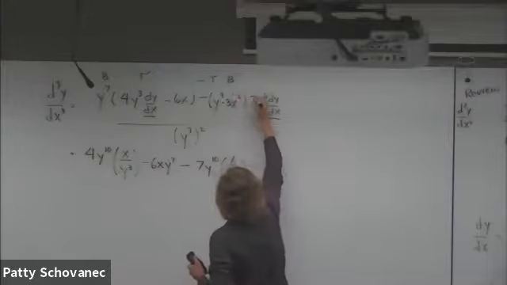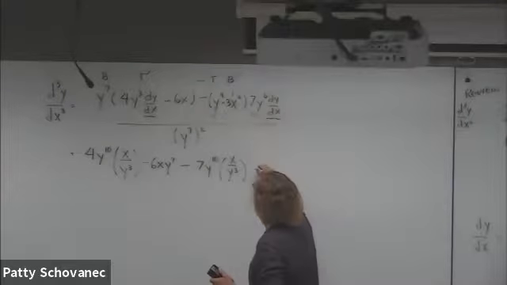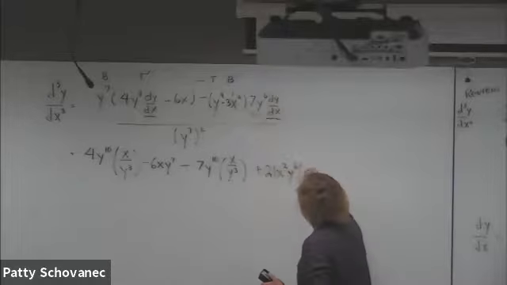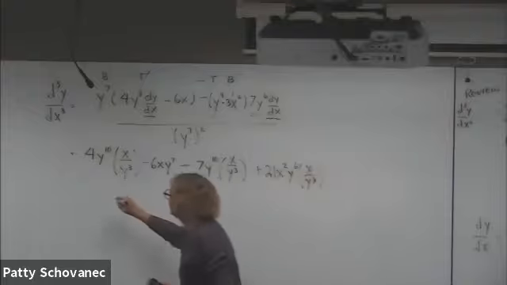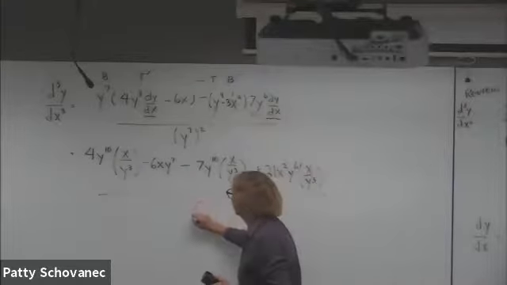And then I got these guys multiplied together with that minus sign. I have a pair of minus signs to give me a plus. 1x squared y to the 6th times x over y cubed, all divided by y to the 14th.